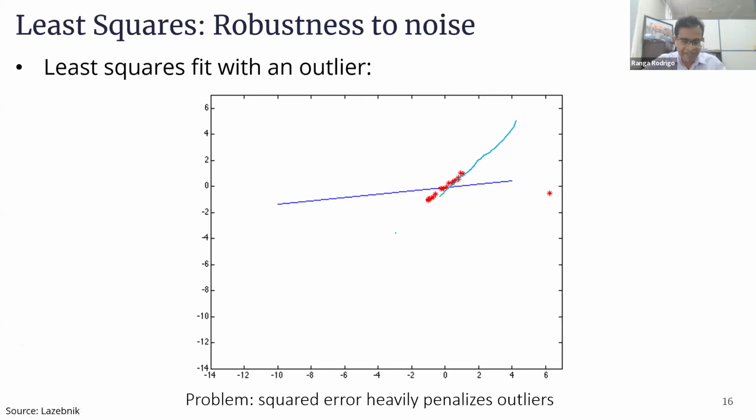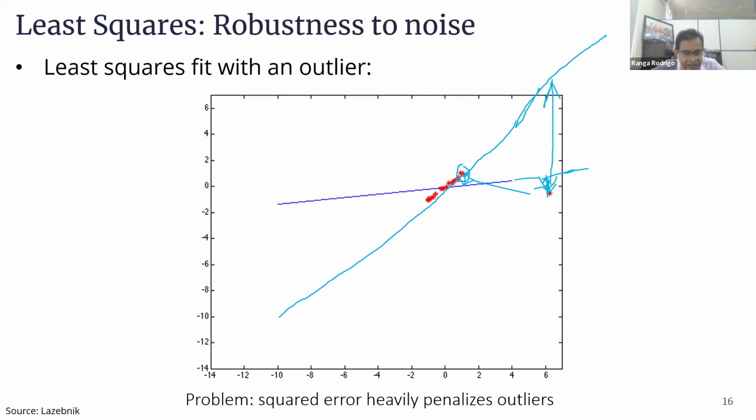The error between this point and that line is very small. The error between this point and that line is huge if you take the least squares. This is a huge number. But in the new line, the incorrect line, that error is this much. This error is also that much.